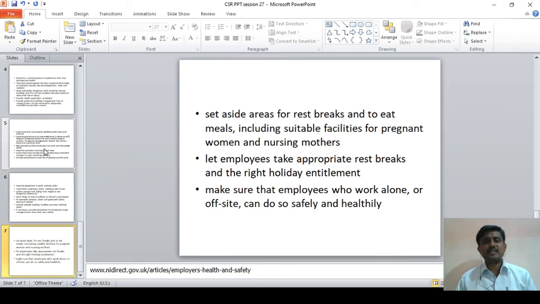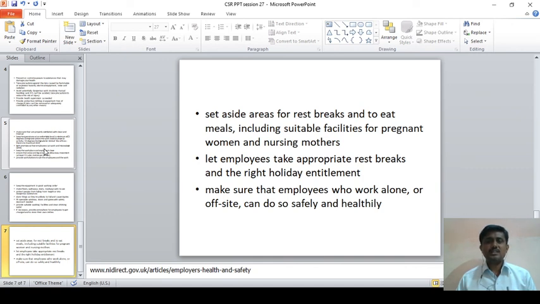Let employees take appropriate rest breaks and the right holiday entitlement, because every employee has to work freely and happily with pleasure. For that, he should take appropriate rest breaks and holiday entitlement. Make sure that employees who work alone or off-site can do so safely and healthily.